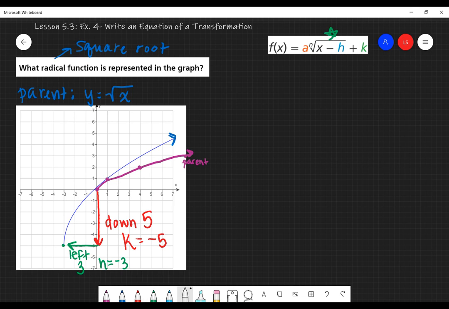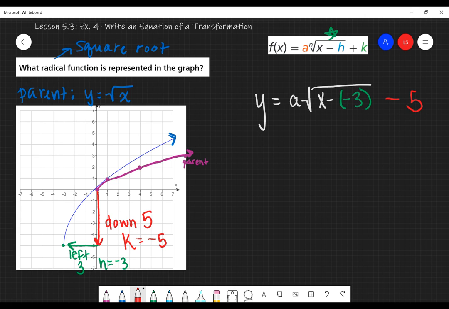So we're going to go ahead and set that up. You've got y equals a times the square root of x minus -3, minus 5.